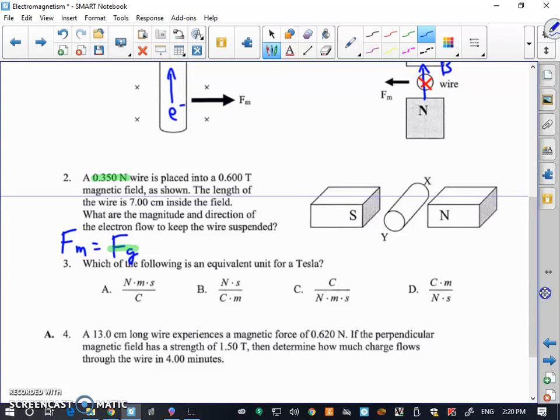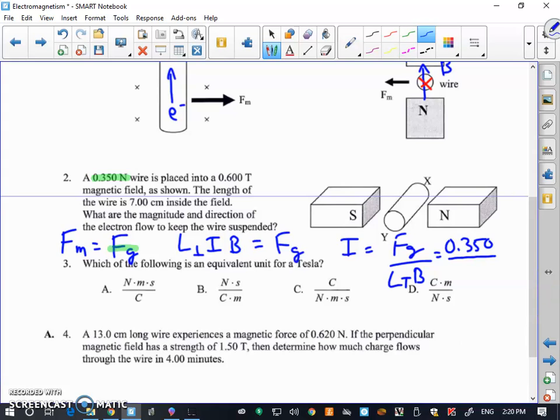That's given. Now I want to know the direction and magnitude of the electron flow. Well, let's figure out the magnitude first. And so I have L perpendicular, I, B is equal to Fg. Now I'm just going to go ahead and solve it for the current, okay? So I is equal to Fg over L perpendicular and B. Let's put in our stuff here. 0.350 over 7 centimeters, so 7e negative 2.